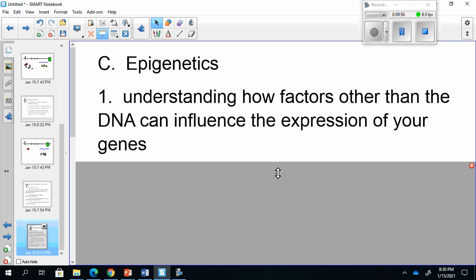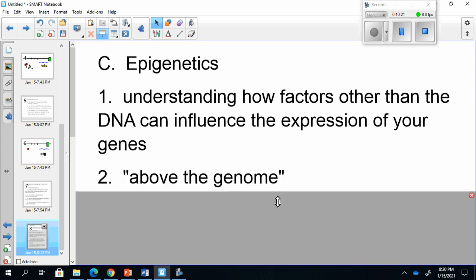And if you just think for a minute, obviously your food has a huge role in how your DNA is expressed. That's why we say it's so important to eat well and eat food that is naturally grown, doesn't have a lot of preservatives, because each chemical probably plays a role in affecting how your DNA gets expressed. So this whole science, this whole understanding of how your genes get expressed, that's called epigenetics.